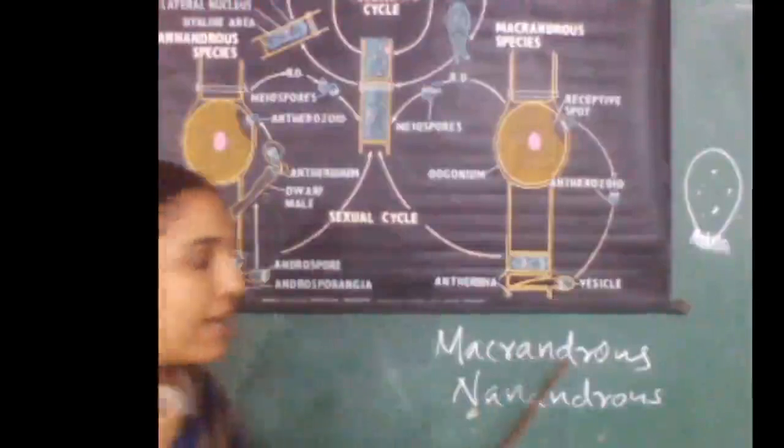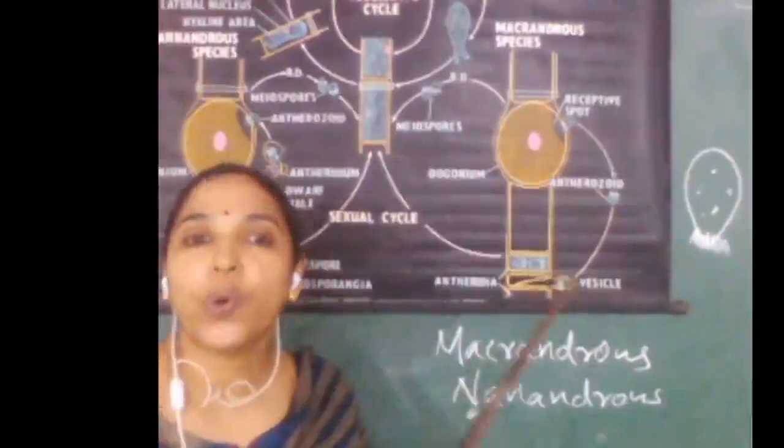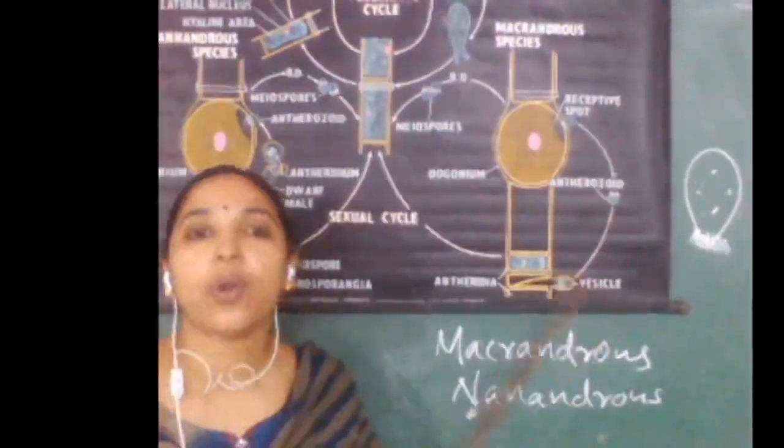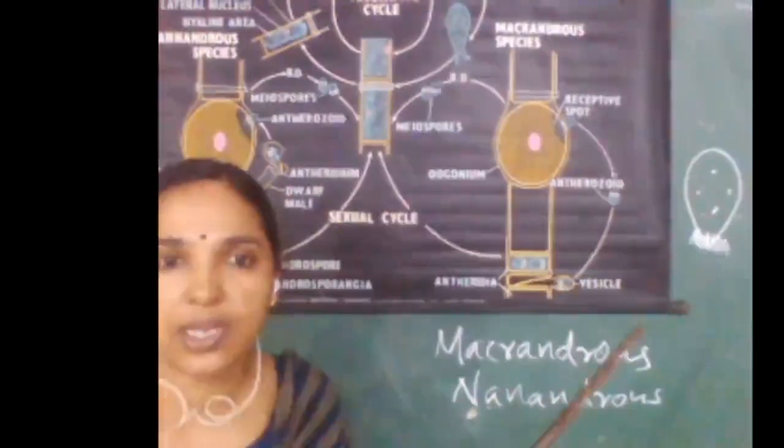In Macrandrous species, both oogonia and antheridia are produced in the same filament. Clear?